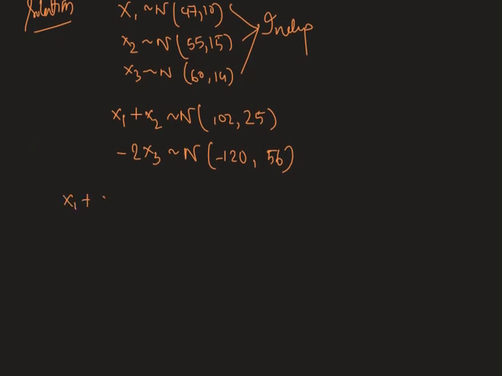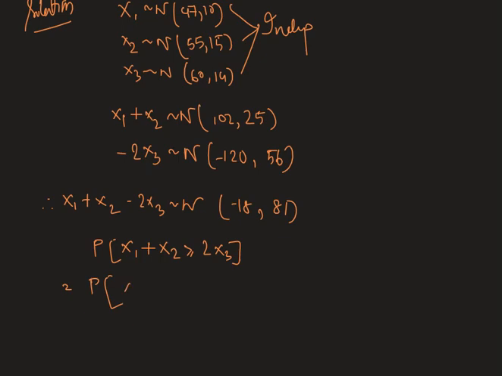Therefore x1 plus x2 minus 2x3 follows normal minus 18 comma 81. Now the required probability is x1 plus x2 greater than or equal to 2x3. So this can be written as x1 plus x2 minus 2x3 greater than or equal to 0.